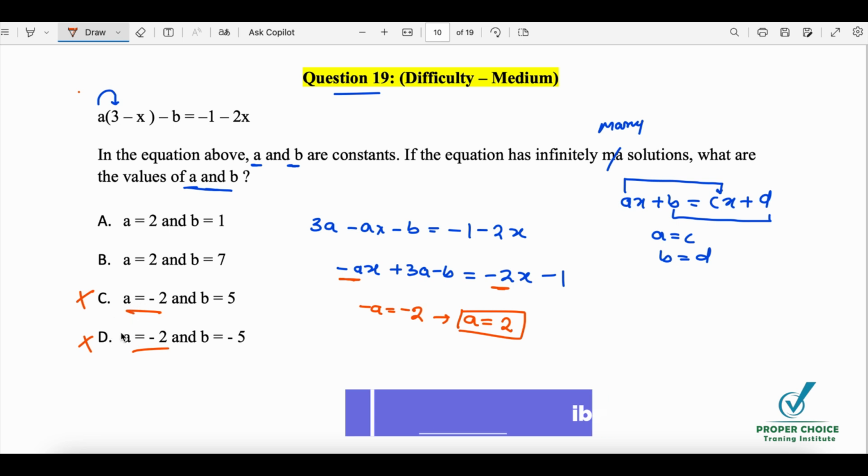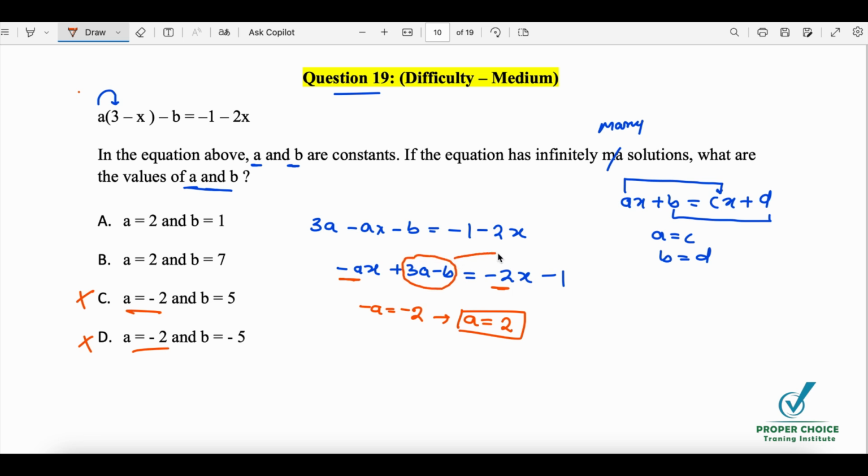Now what is the value of b then? This entire 3a minus b should be equal to minus 1. As we already know the value of a, it's going to be 3 times 2 minus b equal to minus 1. 3 times 2 is 6, so 6 minus b equal to minus 1.